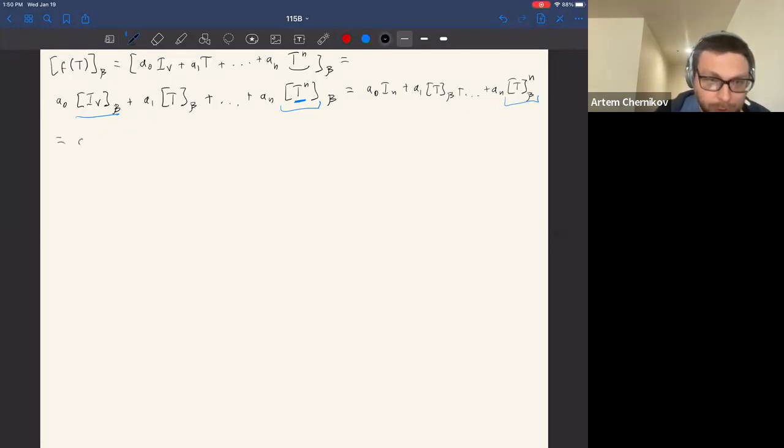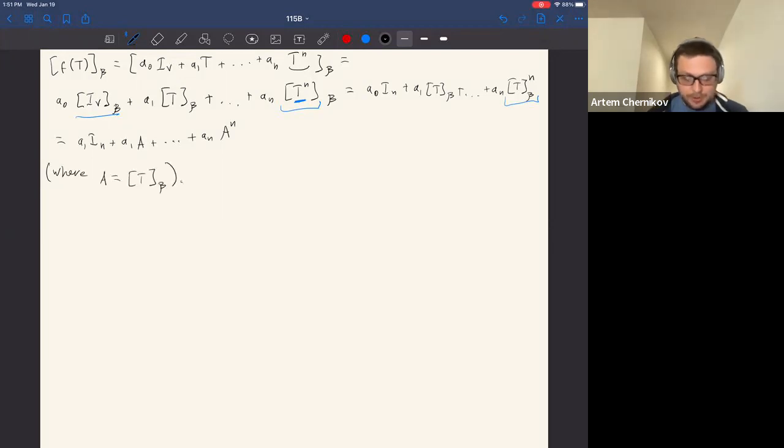Now this is equal to a0 I_n plus a1 A plus etc. plus an A to the power n, where remember, in the statement of the theorem, A is taken to be the matrix representing T with respect to beta. But by definition, this is just f(A), the polynomial f evaluated on the matrix A. So this shows that part B of the theorem also holds.